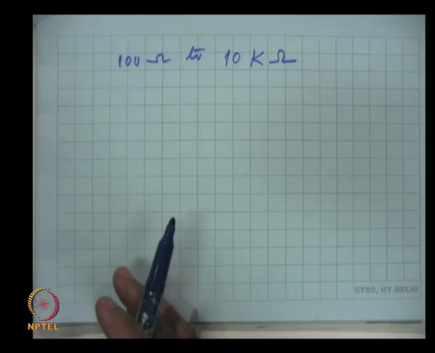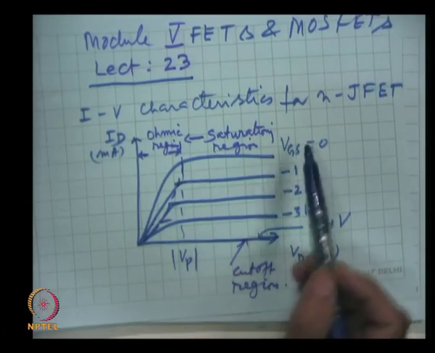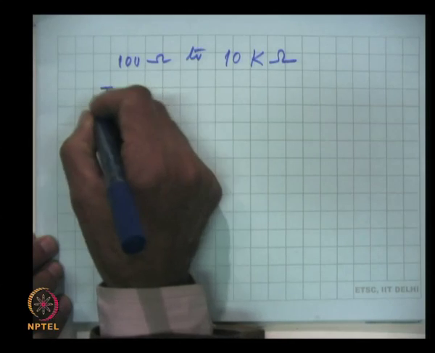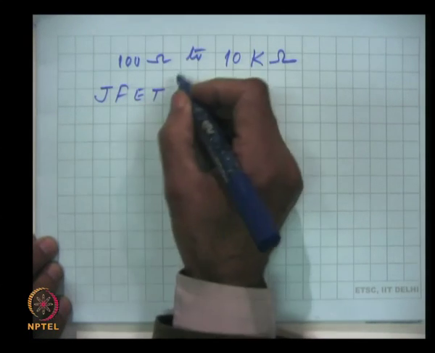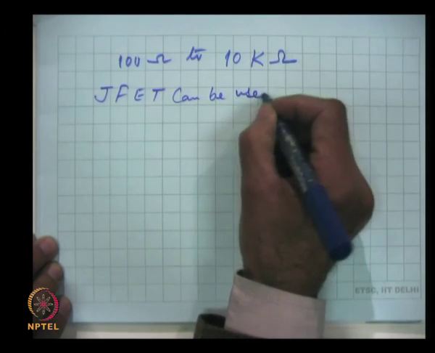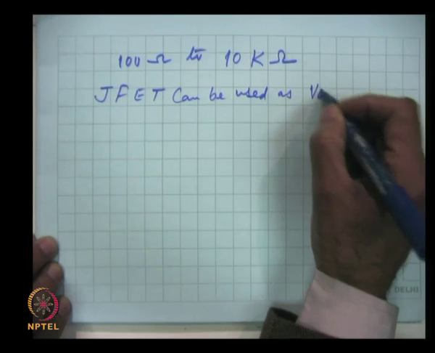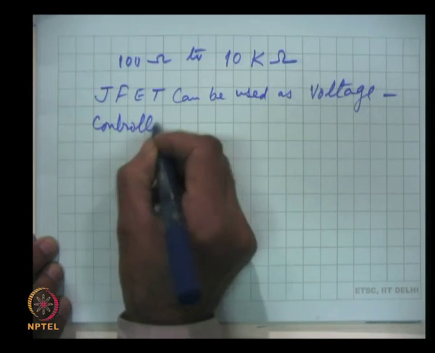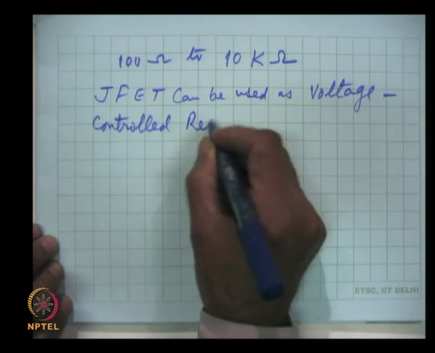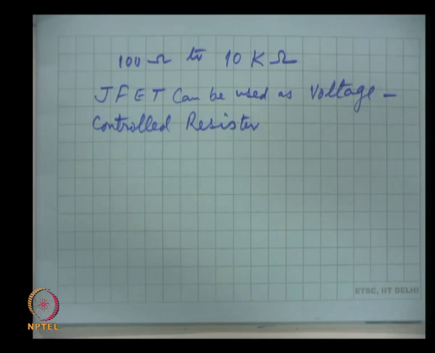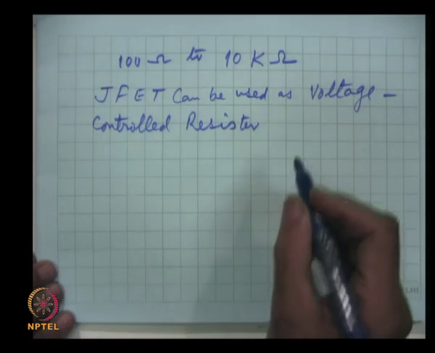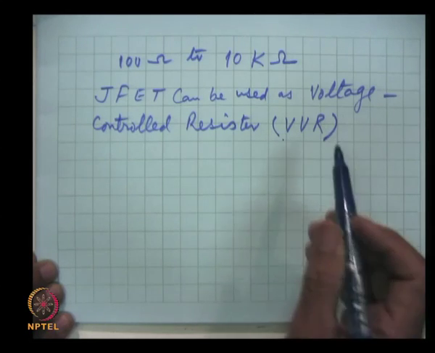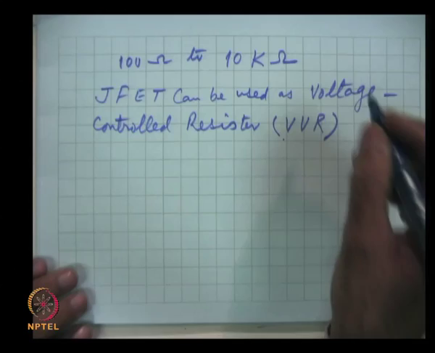Here the slope is changing, which is a function of VGS, and the junction field effect transistor can be used as a voltage controlled resistor, VCR.